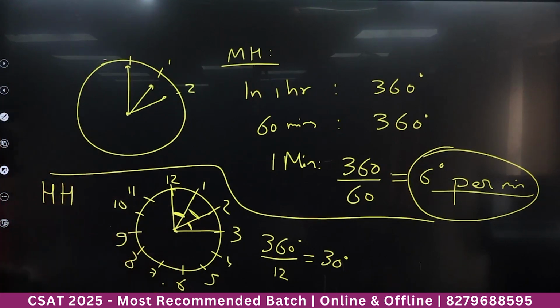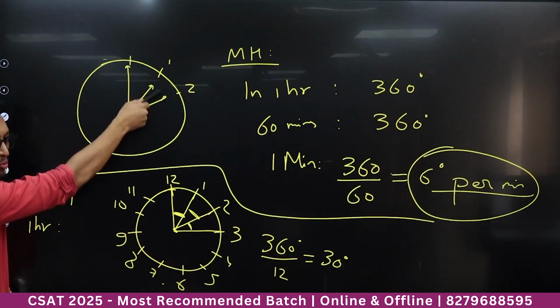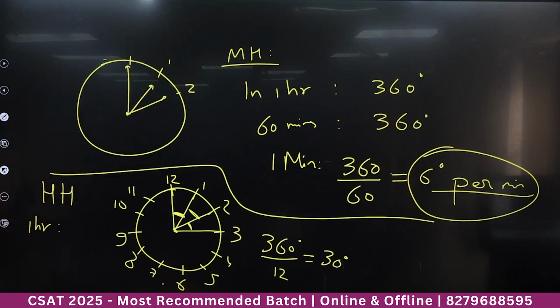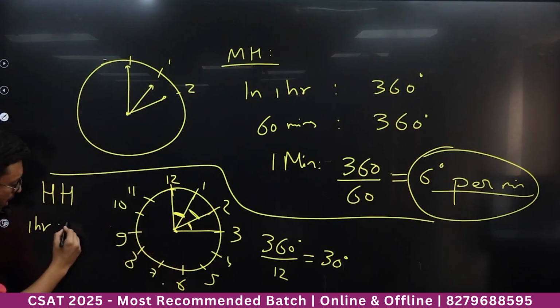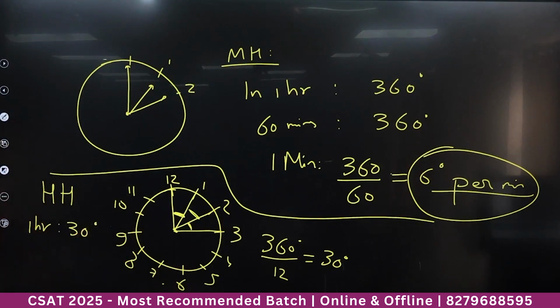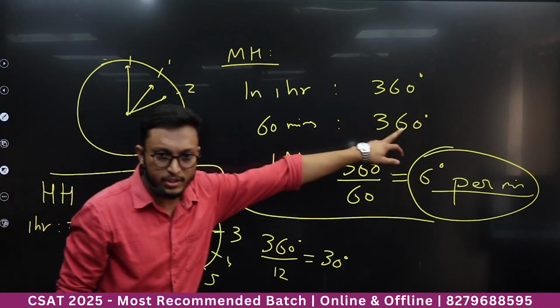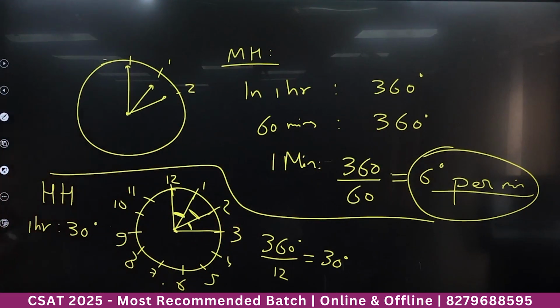Fine. So now in 1 hour, hour hand rotates from 1 to 2. This is one sector. One sector is of 30 degrees. So in 1 hour, hour hand is rotating 30 degrees. Minute hand was rotating 360. It is rotating 30 degrees. 1 hour is 60 minutes.